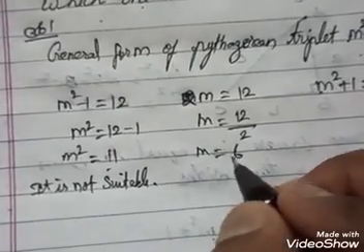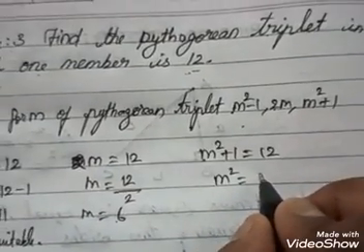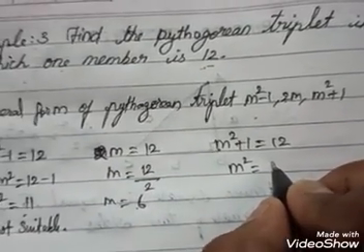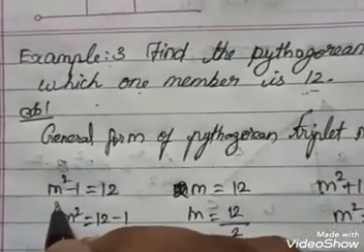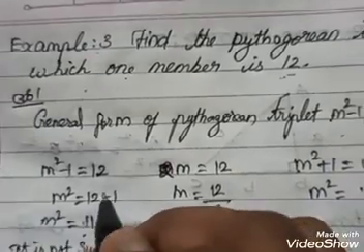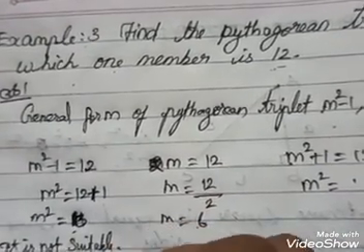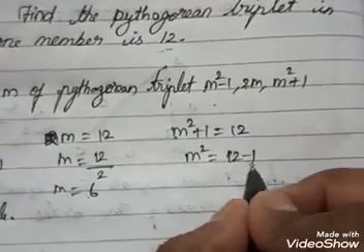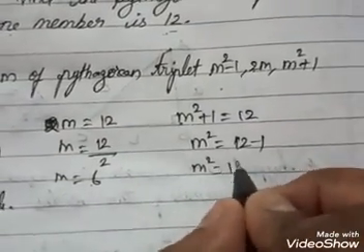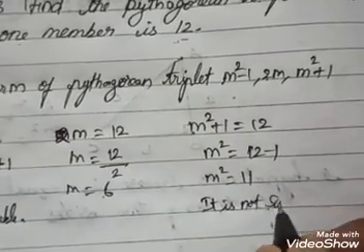Okay, you get the value for m. Sorry, here one mistake, 12 is there, 12 minus 1 is 11, and for 12 plus 1, here you get 13, it is not suitable. It is also not suitable.